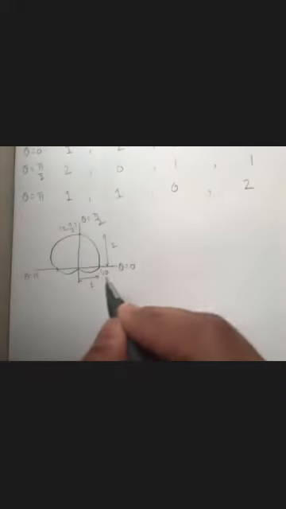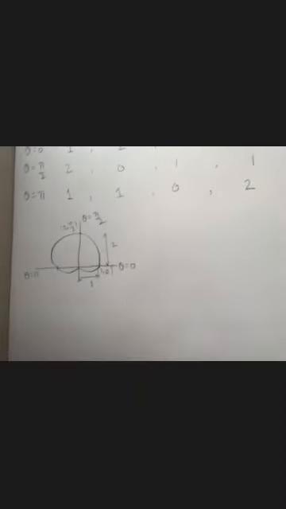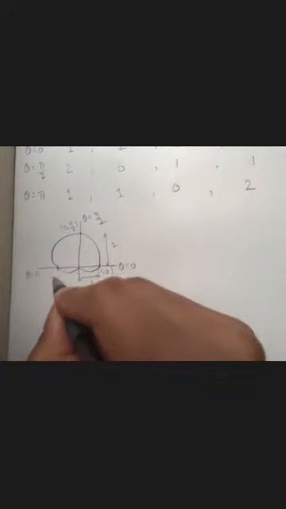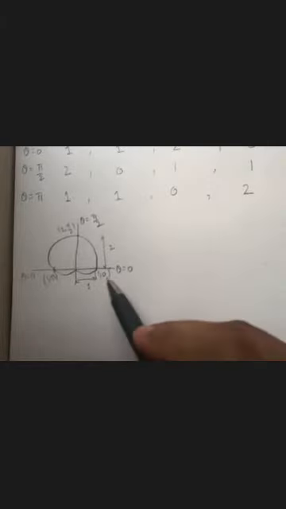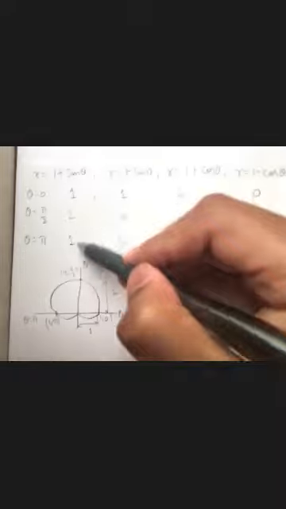This is 1 comma 0. So on this curve, at theta pi over 2 you have 2, at theta 0 you have 1, and at theta pi you also have 1, which is 1 comma pi. So this curve is like 1, 2, 1, which is 1 plus sine theta. So this is r equals 1 plus sine theta.